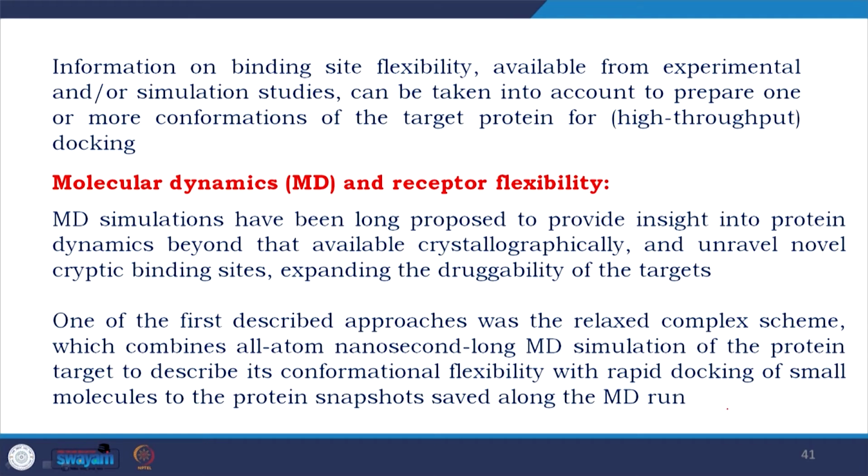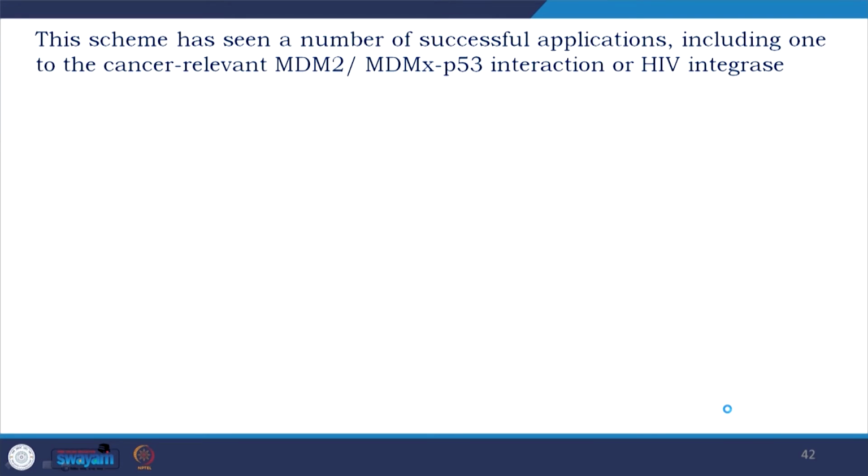So, you do a classic MD run, you get the ensemble, you look at the conformational flexibility, and then you take different conformers and do docking.